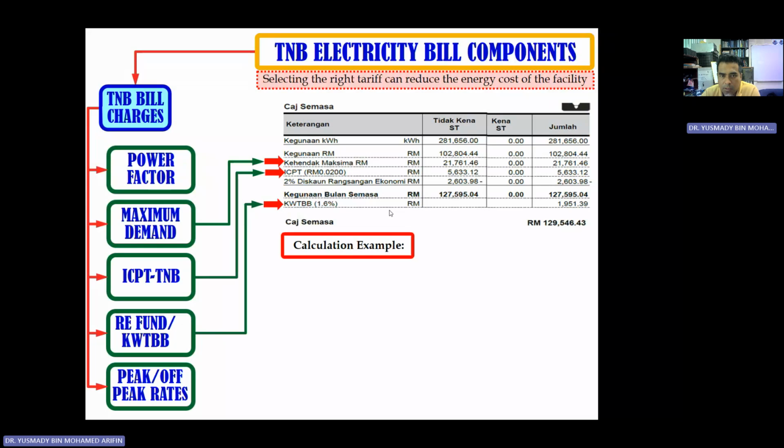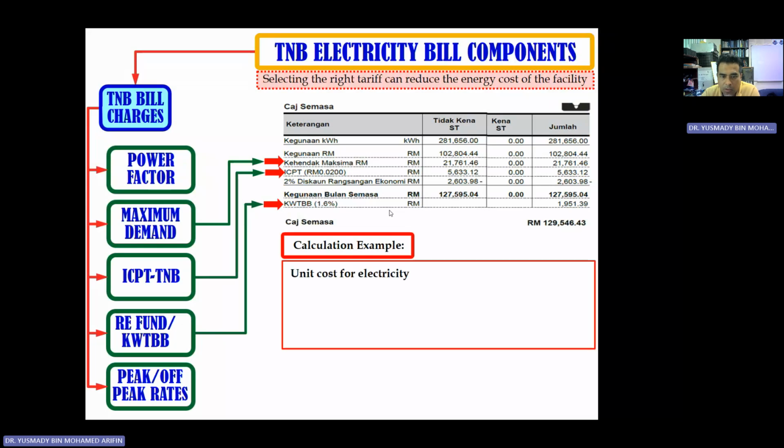Example of calculation, for example, from the bill, you want to calculate the unit cost of electricity. The unit cost of electricity equals the electricity cost in RM divided by the total energy use in kilowatt hours. So we have the electricity cost in RM, 102,804.44, divided by the energy use, which is 281,656.